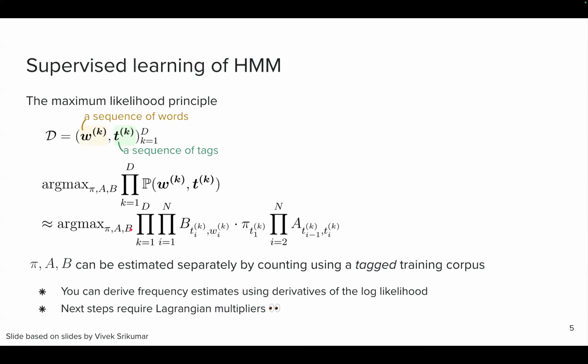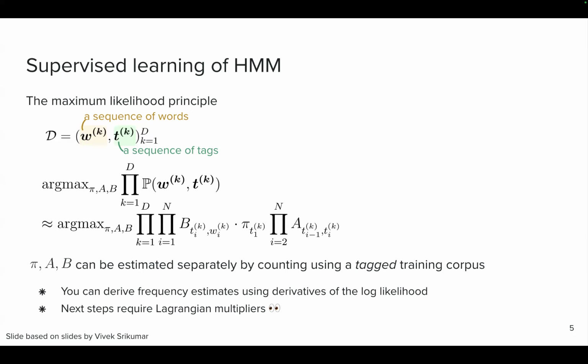We would then say these derivatives need to equal 0, and then we would go about solving the set of these three equations, which we will not do here. The reason we won't do it here is because it would require us to introduce the concept of Lagrangian multipliers to actually solve this optimization problem, which goes way beyond this course.